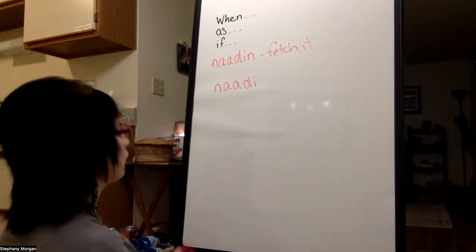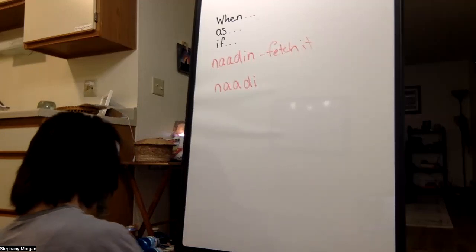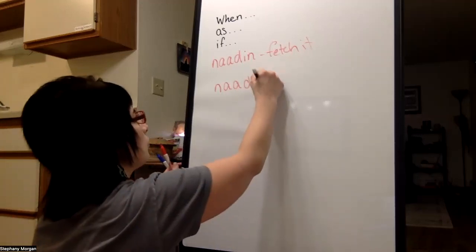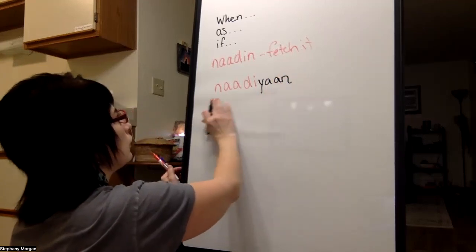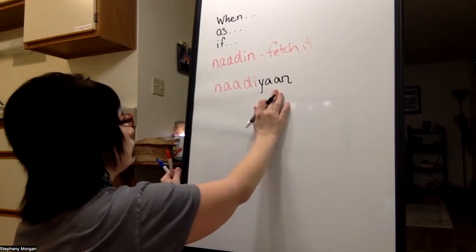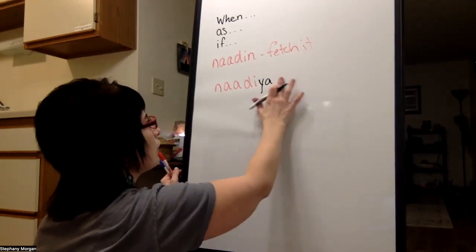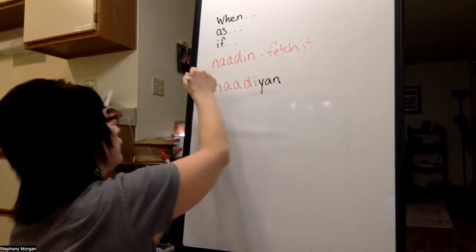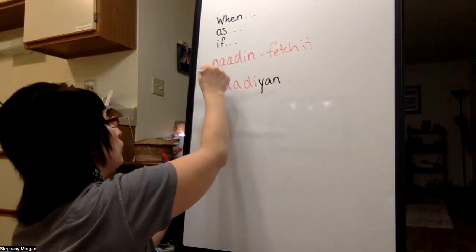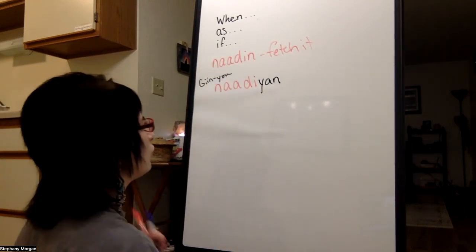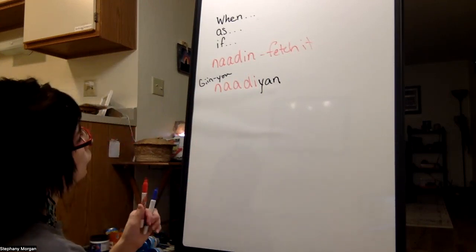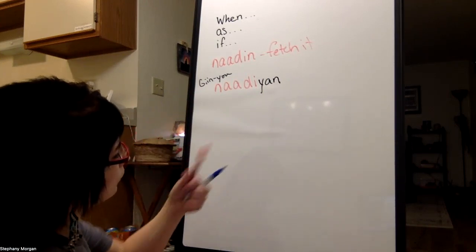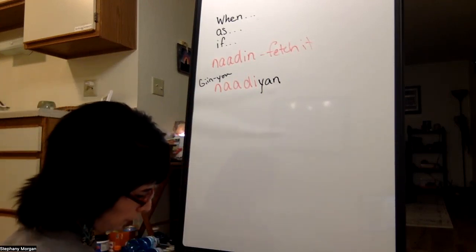Yeah, nade, your end falls off again. And it gets replaced by your pronoun here. Yan for, oh, sorry, that's mean. Yan, gin. So this is gin, you. Guess I'm a little all over the place tonight. I apologize. Nadian, when you fetch it, but what are you fetching?